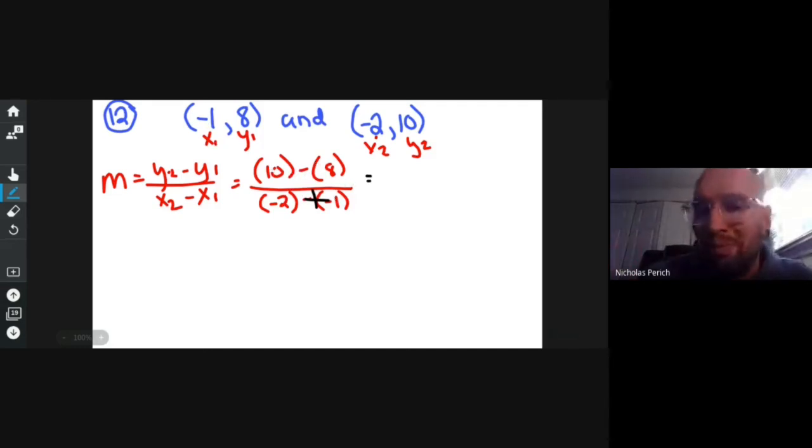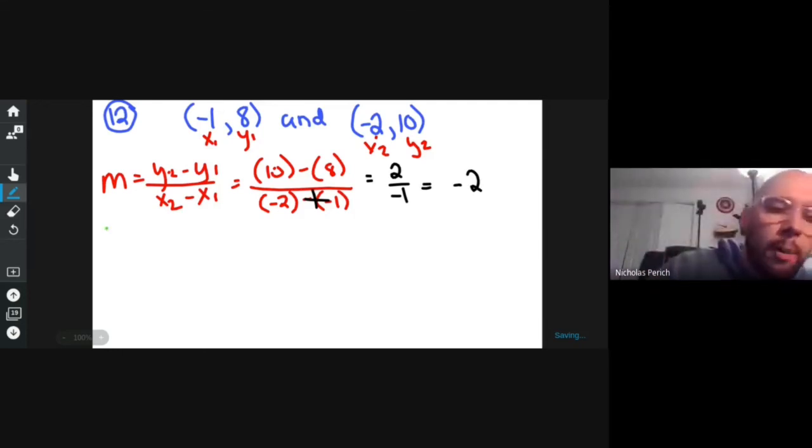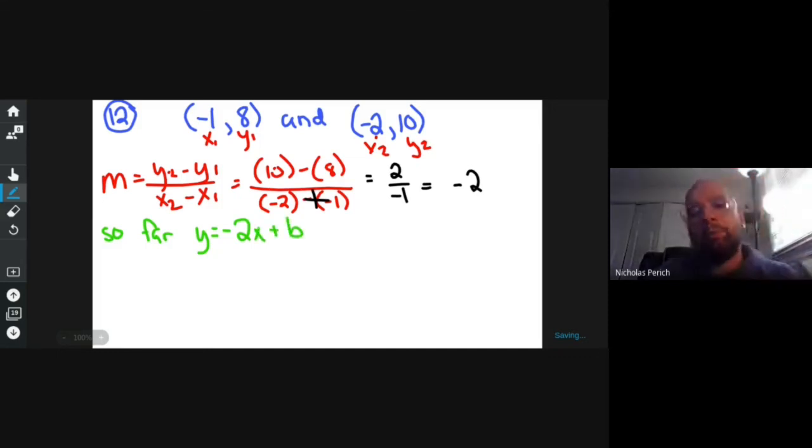Ten minus 8 is 2. Negative 2 plus 1 is negative 1. And 2 divided by negative 1 is negative 2. So far, I have y equals negative 2x plus b.